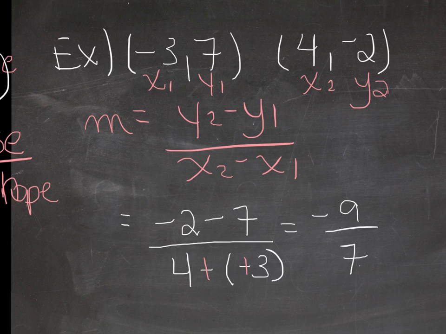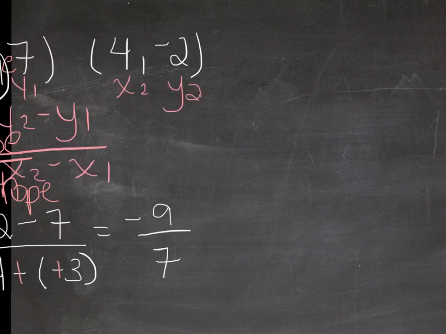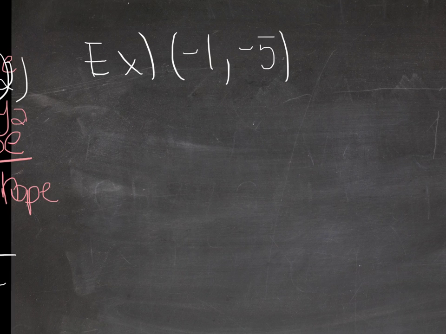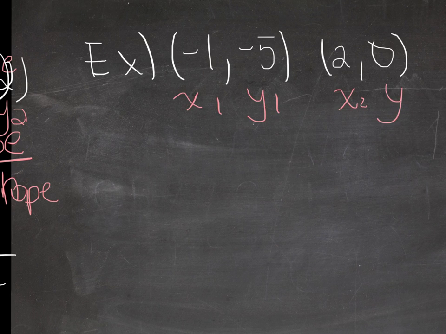Let's maybe see one more example. Let's say I have the points negative 1, negative 5, and 2, 0. Those are 2 points on my line. Again, I'm going to label x1, y1, x2, y2, and use my slope formula.